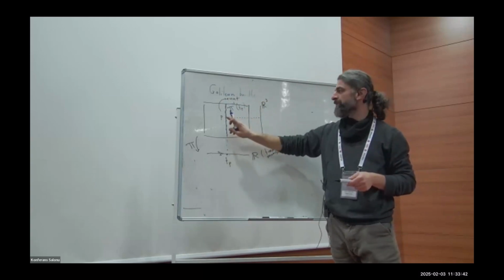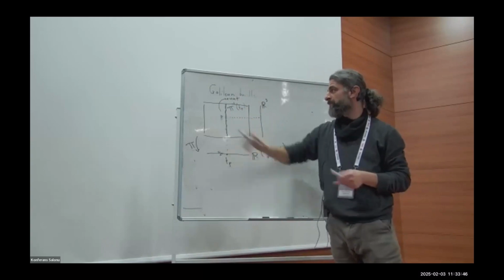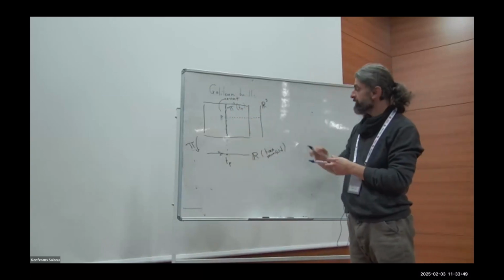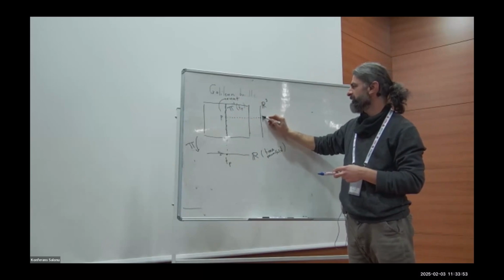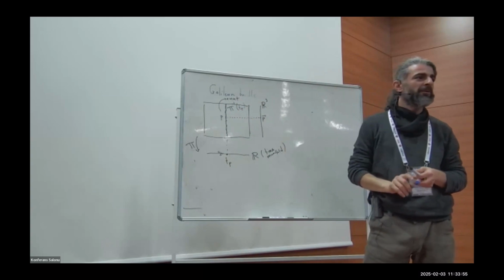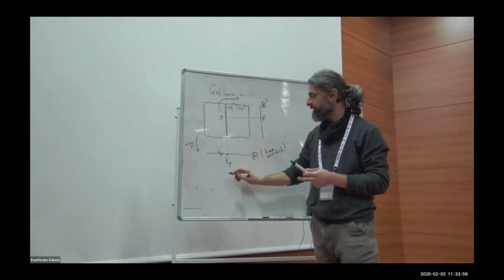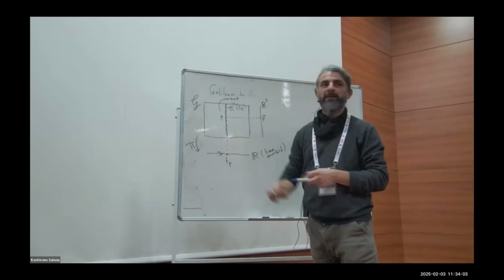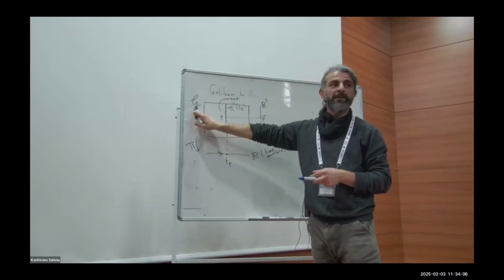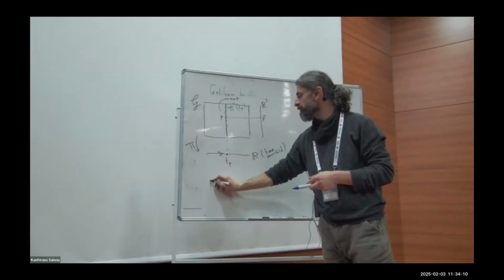Okay, so you give coordinates to an event, which I denote by P. In a formal sense, we can say that this is a three-dimensional vector. Okay, so we have coordinatized our bundle.